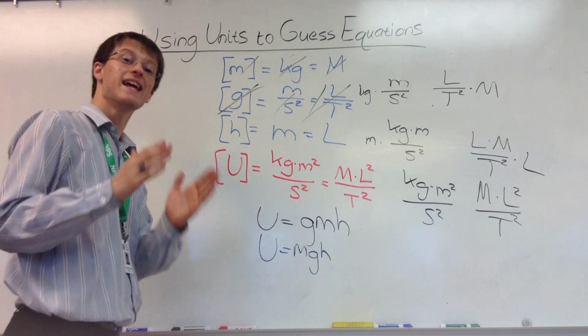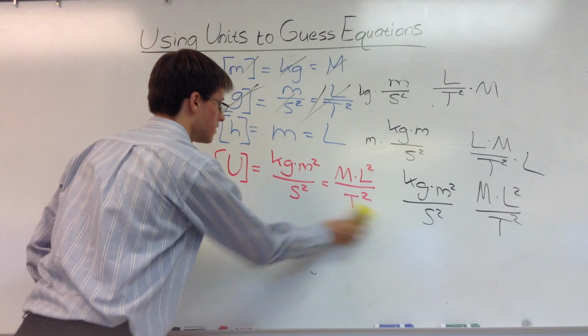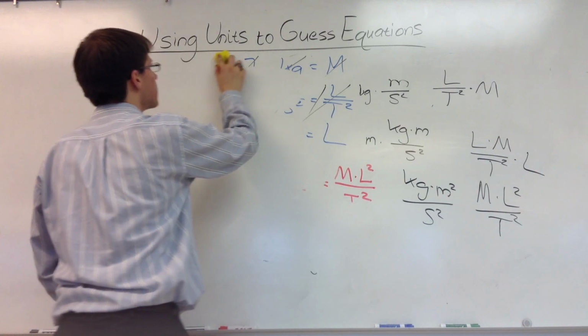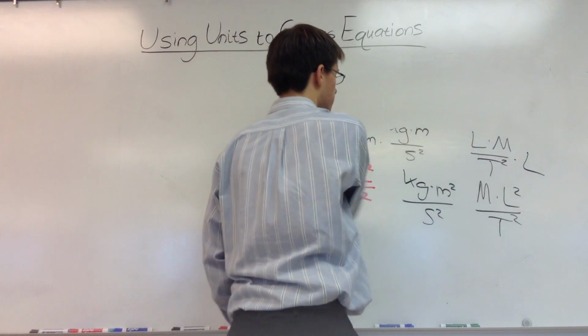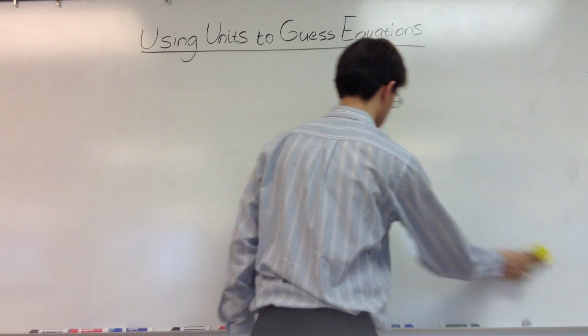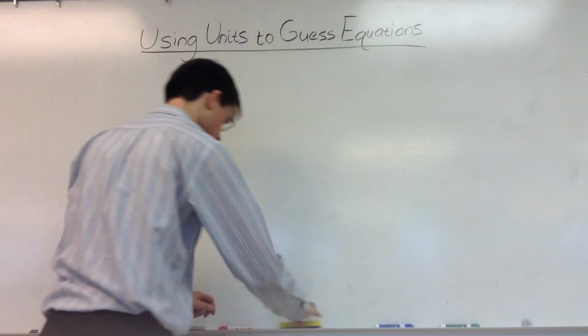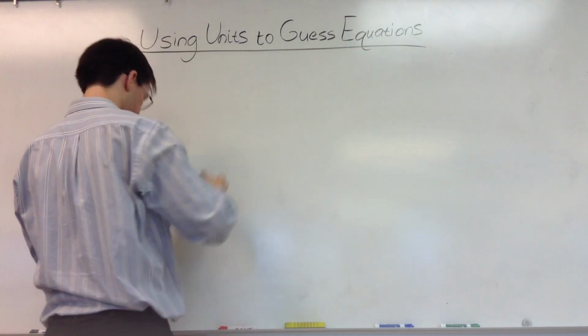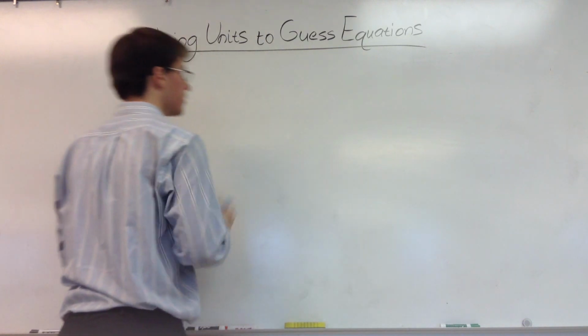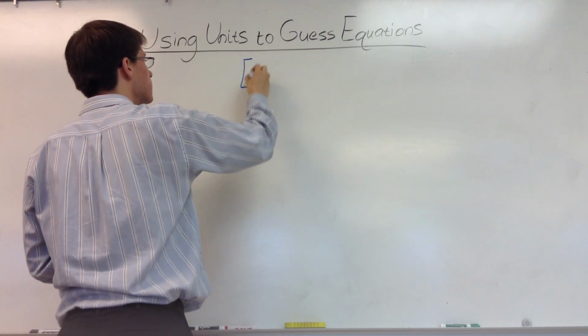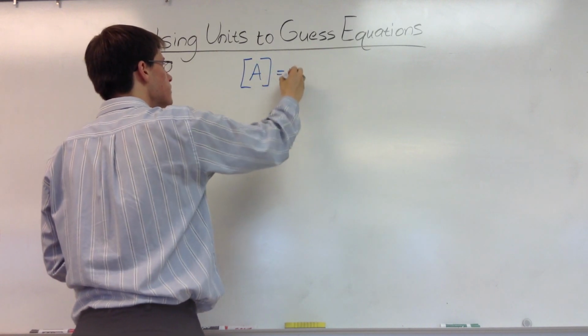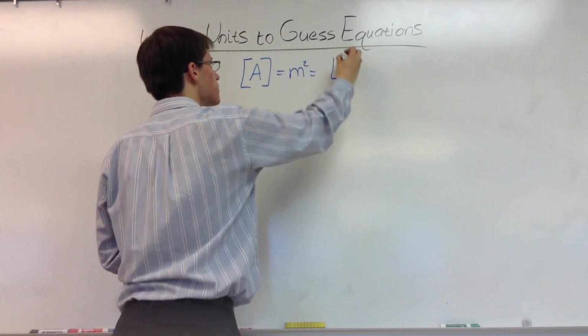Let's do yet another example. Examples are good and will help you understand what's going on. So, suppose, in this example, I give you an area, which has units of meters squared or length squared.